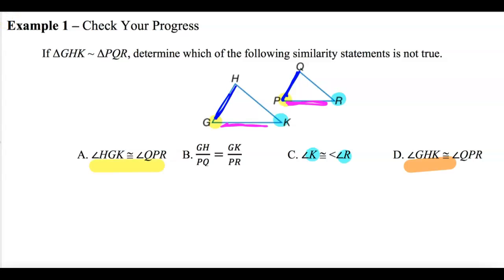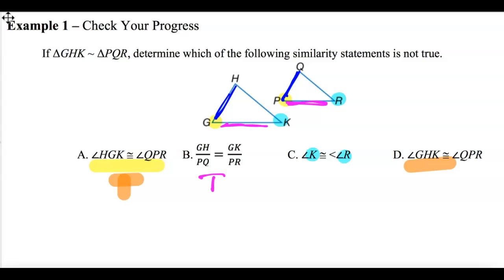Okay, I have highlighted some of the first examples. So the first one is in yellow, and that is saying that angle HGK is congruent to QPR, and that is true. Then we have this other statement, which is comparing the sides. So it's the blue side to the magenta side. That is also true.